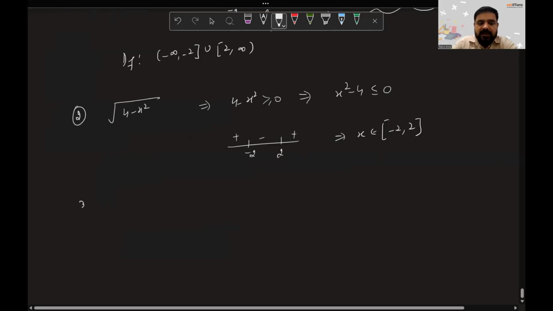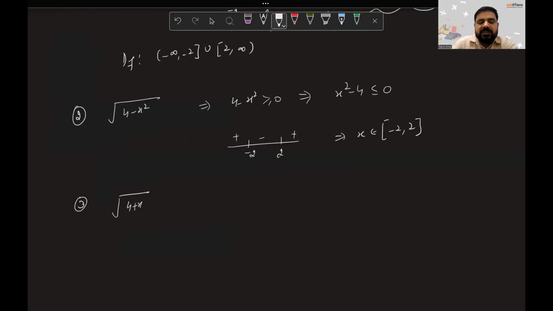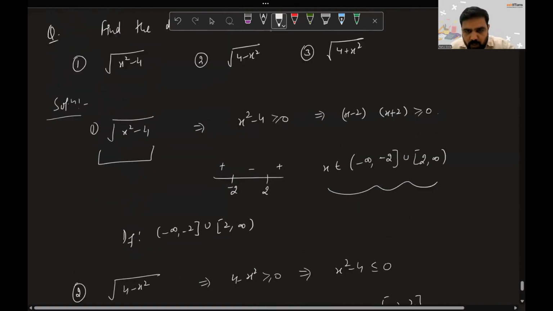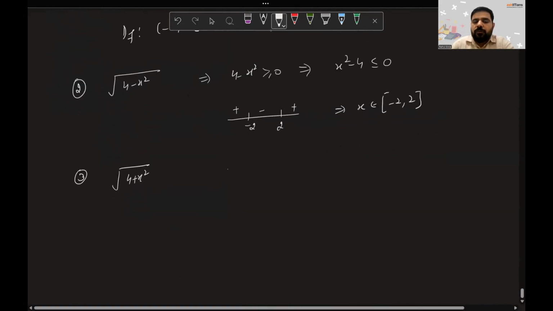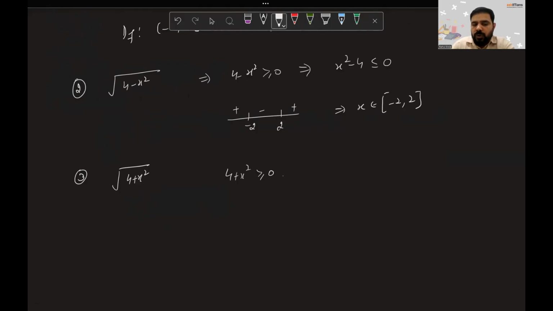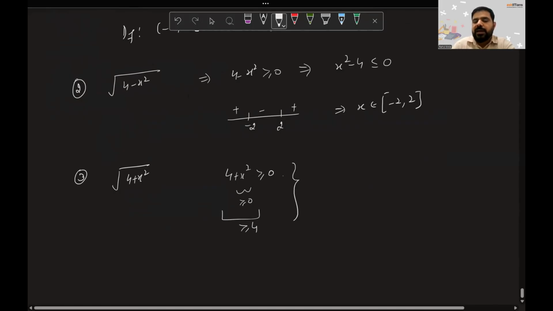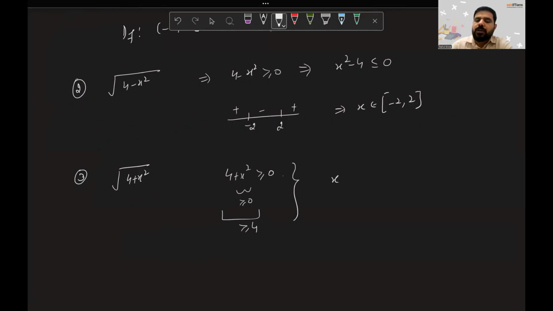Let's say if I take another example, root of 4 plus x square. I think that was the third part, right? Root of 4 plus x square. 4 plus x square has to be greater than equal to 0. You know that x square itself alone is greater than equal to 0. So this quantity is greater than equal to 4. So definitely whatever value of x you take, this will always be greater than equal to 0.